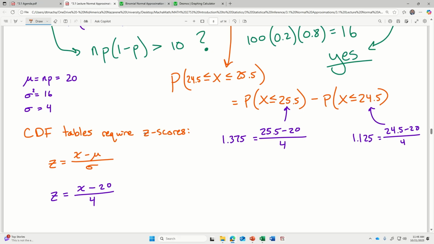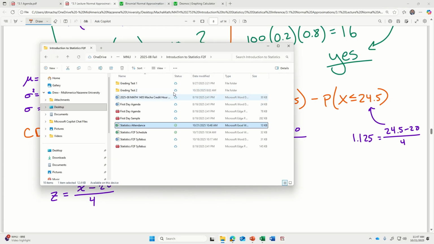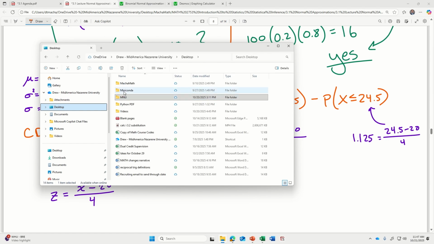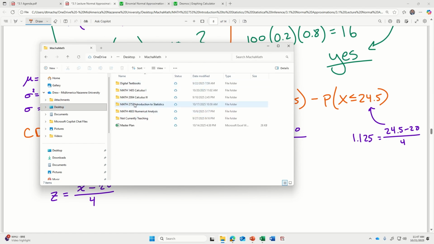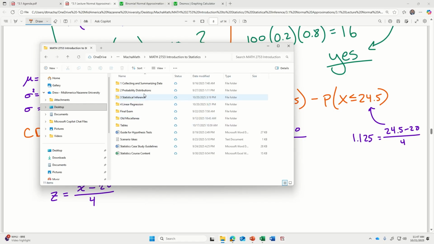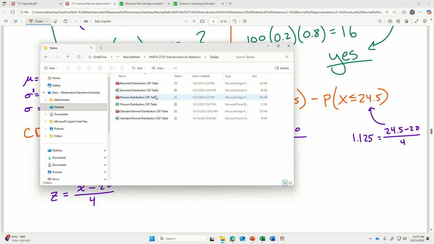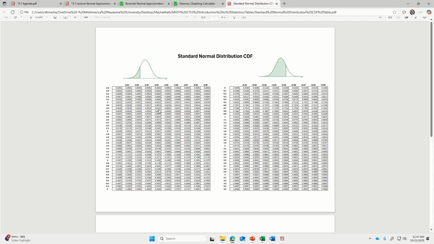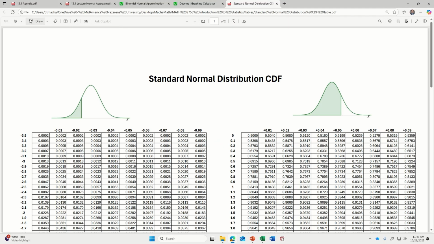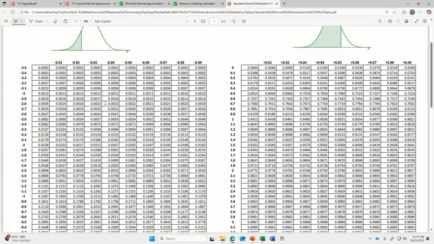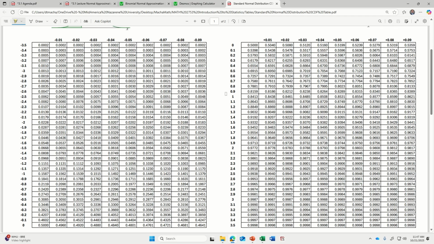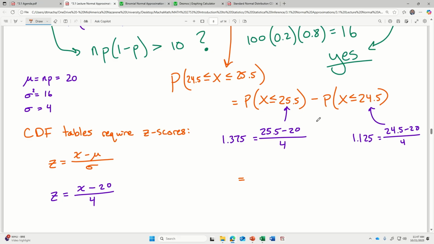So we need the tables. We got to look it up. And it looks like I got to round to 2 decimal places to use the table.